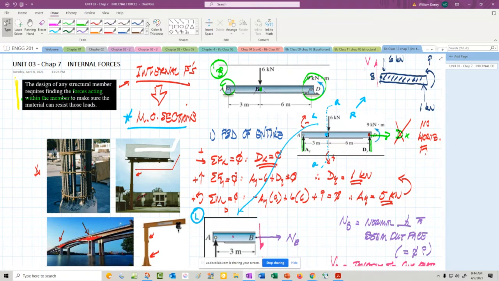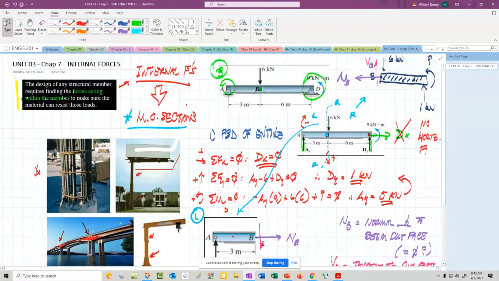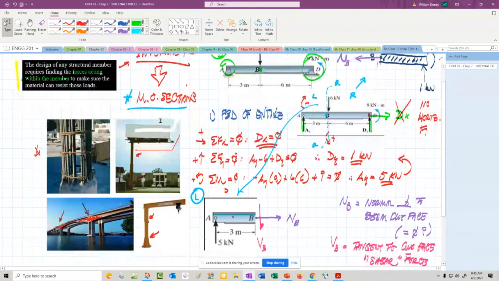Also, that normal has to be opposite also. Let me put that in there. So there's the normal at B, there's the shear at B. They have to be equal and opposite. So when I cut this, the left side will have this orientation, the right side will have this. Again, this causes clockwise rotation.